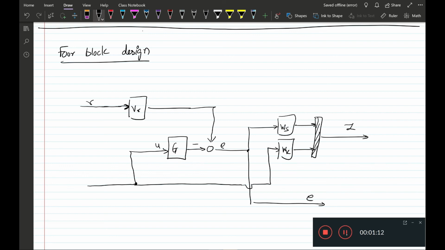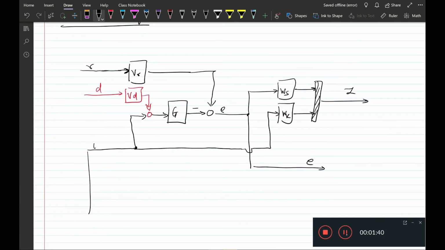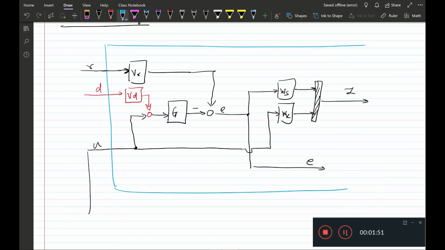as Z, and now we have an additional input D with shaping filter VD, and that is coming as an input disturbance to U. So that is U, and now we can draw a box around this.